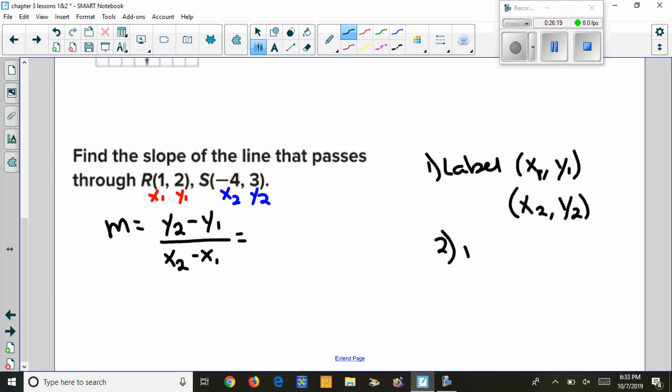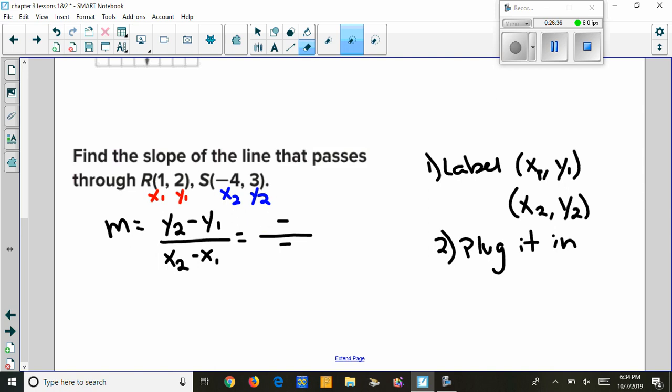Second, I'm going to plug it in. So for this equation, here's what I'm going to do. Let's start off with y2, which is 3. Let me erase that so no one thinks it's a different number. Minus y1, which is 2.